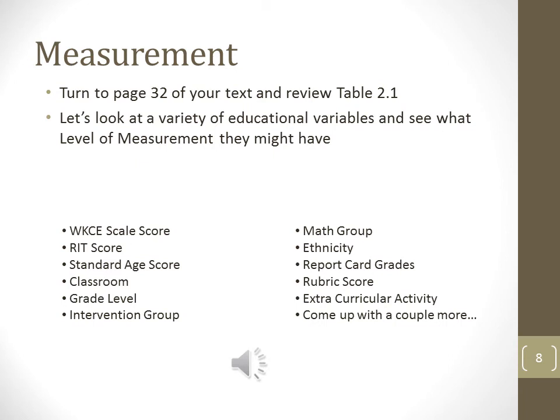Report card grades. Generally, we know that those are either ordinal or interval. Depends on how much information we have. If I am an A, B, C, D, or F, if I don't have a scale, I don't know how much better my A is than a B, but I know there's a degree of betterness.